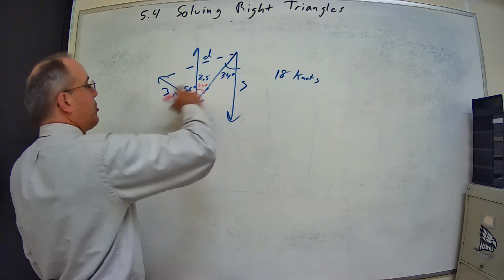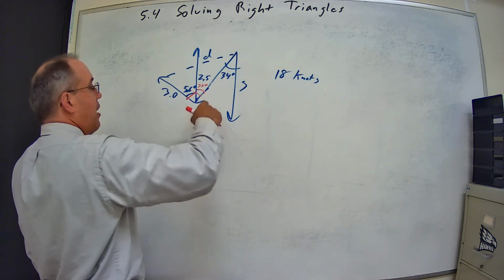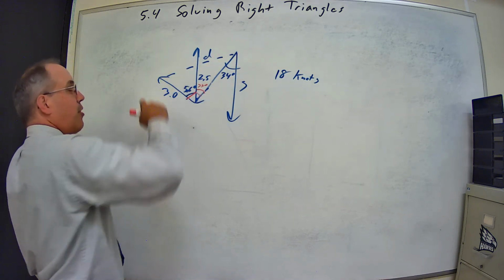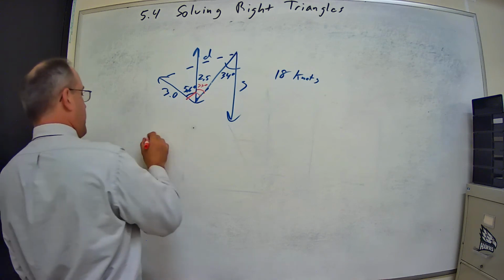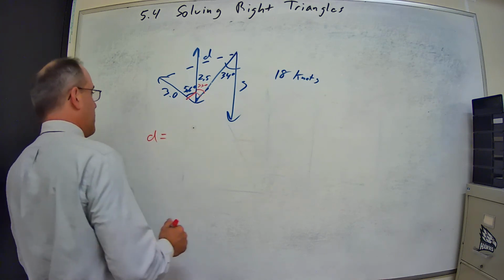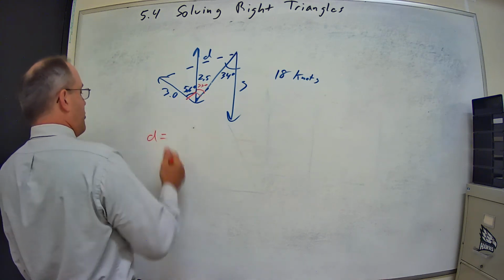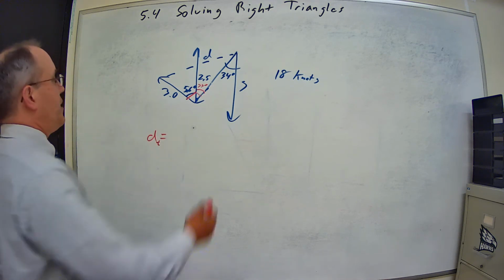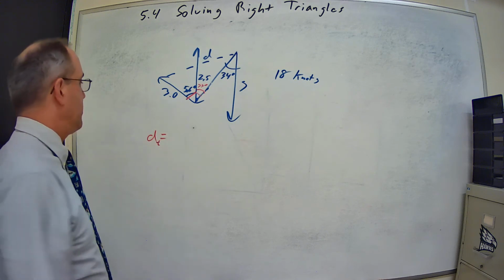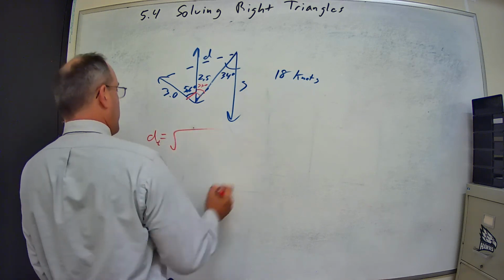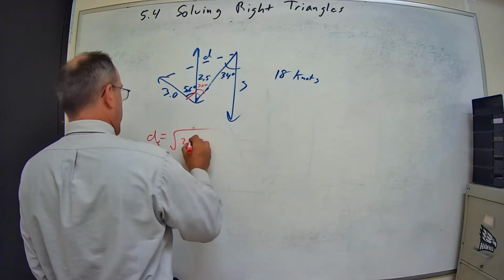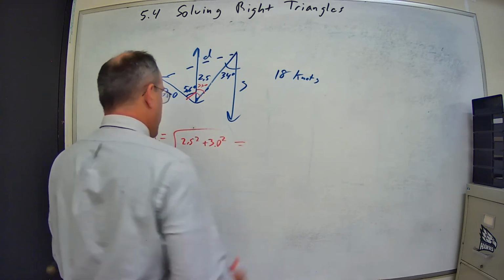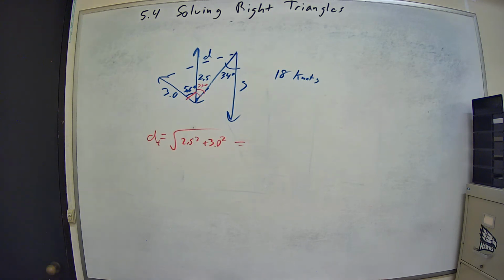So if I use the Pythagorean theorem, then I can determine what the time would have been if they'd gone straight across this one. So I can say that d sub t, for the time that would have taken to cover that distance, is equal to the square root of 2.5 squared plus 3.0 squared, which is equal to, let me grab a calculator.